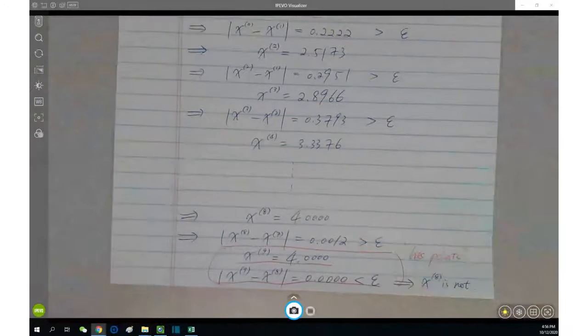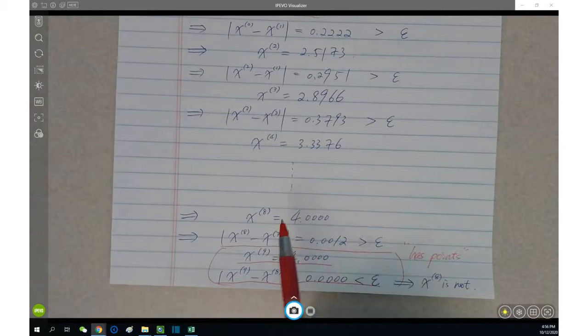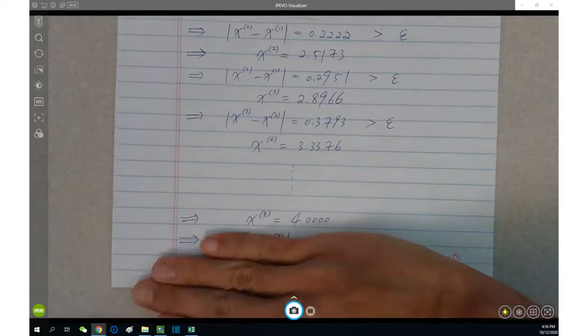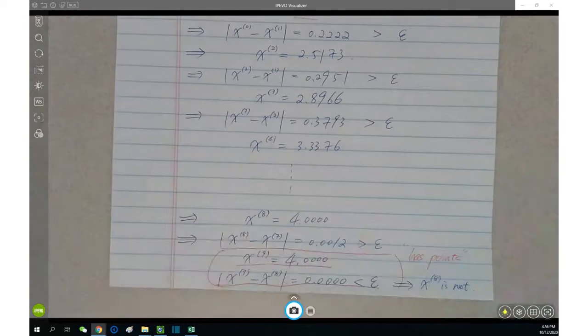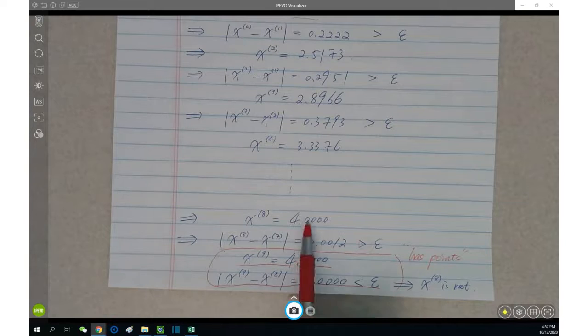If you stop at 8 here, you're losing this part of the solution. You're losing points, because you're not justifying this 4 as the solution, as the root.